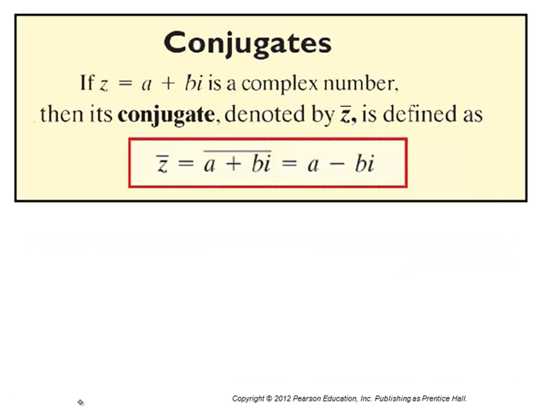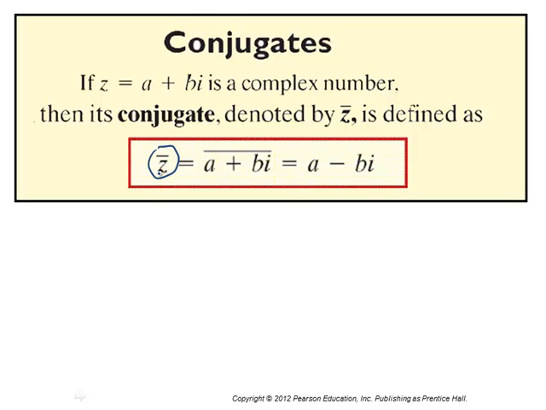Conjugate. When you take the conjugate of a complex number, all you're doing is, if you have a plus bi, then the conjugate is going to be a minus bi. And the conjugate of a minus bi is going to be a plus bi. The notation is where you have an overbar on top of the complex number.